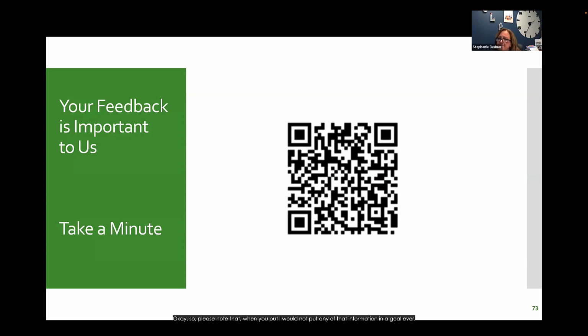Yes. Okay. So please note that I would not put any of that information in a goal ever. I wouldn't nail down a specific locale in a goal, because that goal we want to generalize in all the areas. The location, I would go with what your district says, but for school setting, school site, I'm a little hesitant at distinguishing between ESE and gen ed.